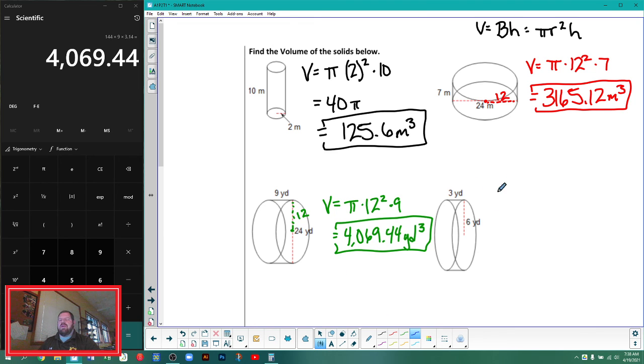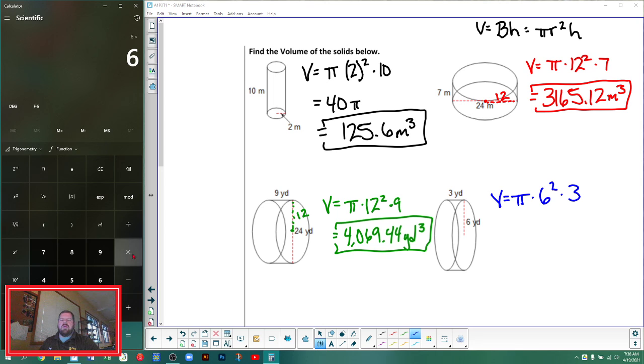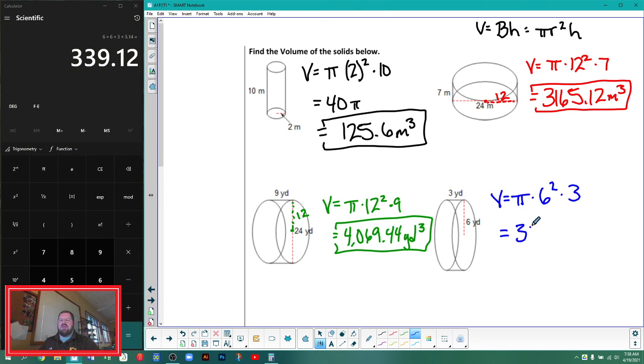Last one we already have the radius, so I'll use it. Pi times 6 squared times 3. If you don't know what any of the squareds are, you can just multiply the number by itself. But it is 36, and we get 339.12.